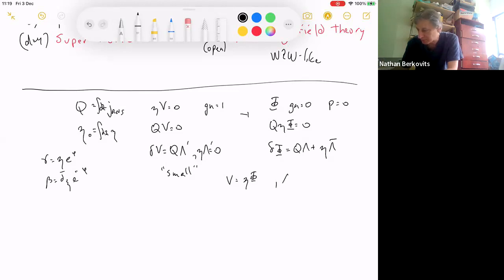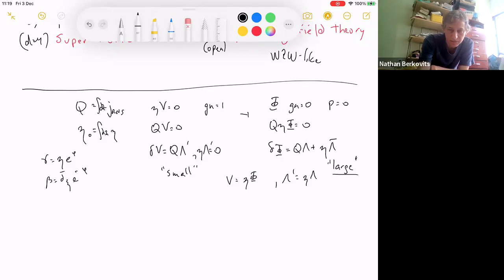Define lambda prime to be equal to eta of lambda bar. Okay, so that's the relation between the small and the large Hilbert space, and we'll always use the large one. The large one, of course, has more gauge symmetries, which will turn out to be convenient, especially when we want to describe the space-time supersymmetric version.